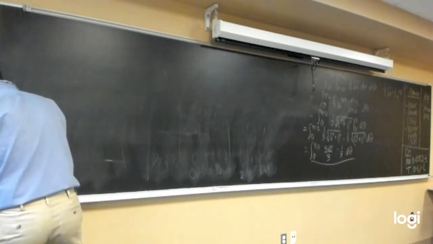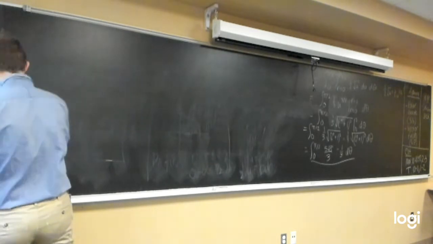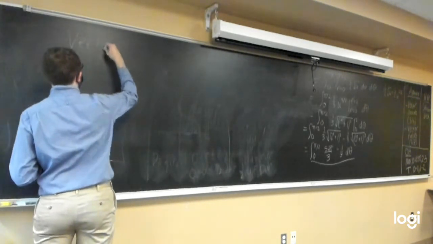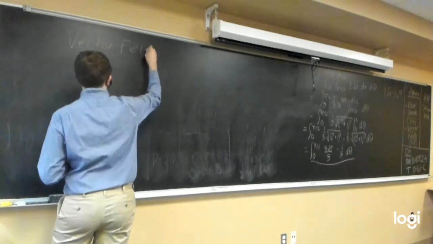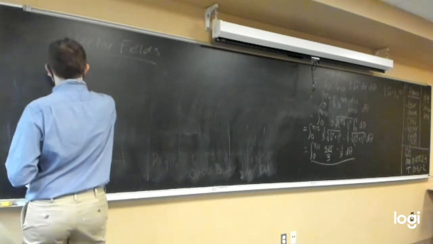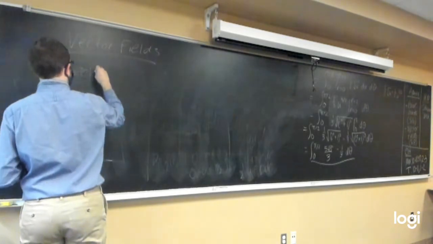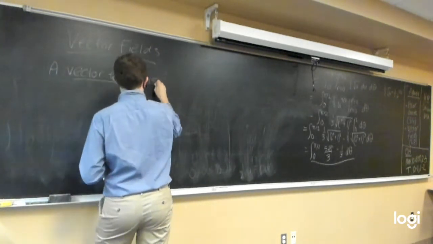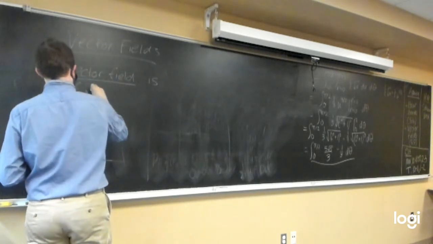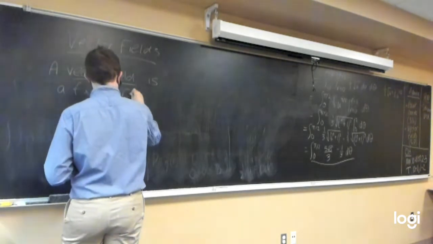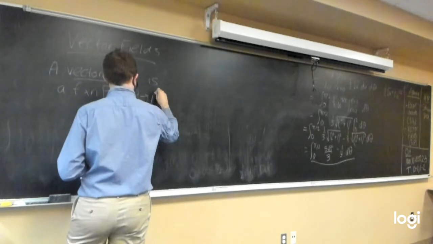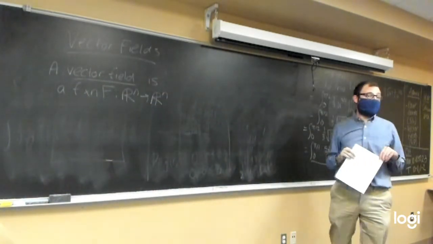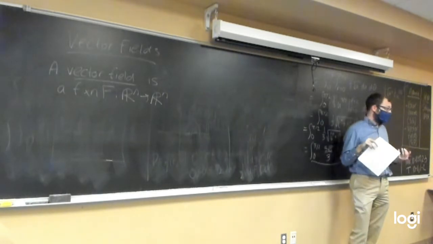So here's the scoop. A vector field is just going to be a function from Rn to Rn. Meaning the domain and the codomain have to have the same dimension.